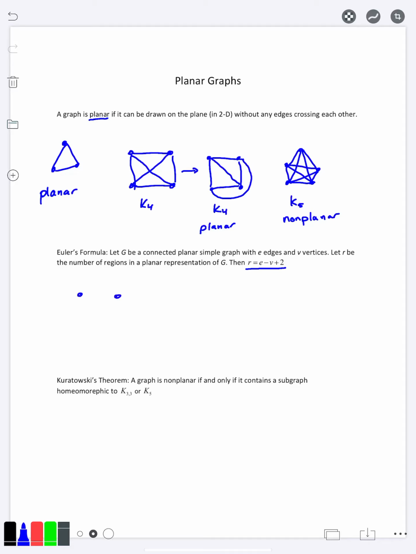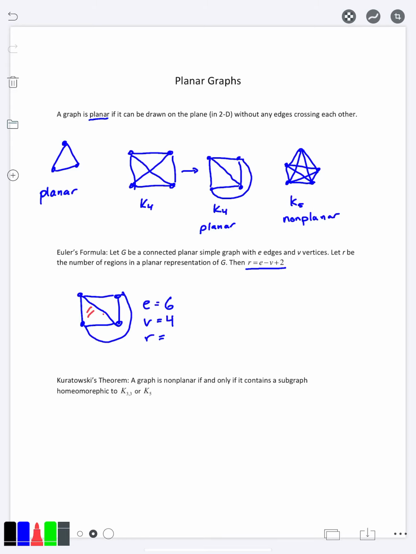I will go ahead and draw my K4 in the planar drawing of it. So we're going to have E is the number of edges. So in this case here, 1, 2, 3, 4, 5, 6 of them. V is the number of vertices, 4. And R is the number of regions that this separates things into.